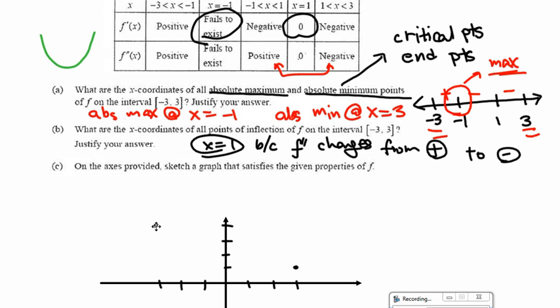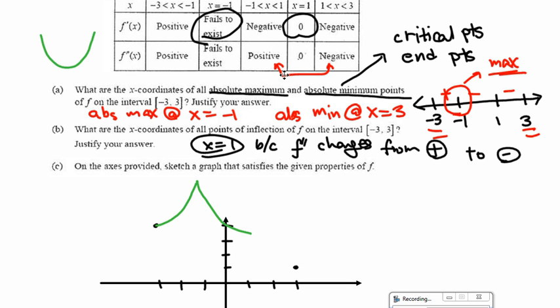The function must have gone up this way up until when x equals negative 1, but it failed to exist. And from negative 1 to 1 here, it's negative. But concavity is still positive, so then from positive concavity, the first derivative is negative, then it's decreasing in this manner. So from here to here, we're going to come down.